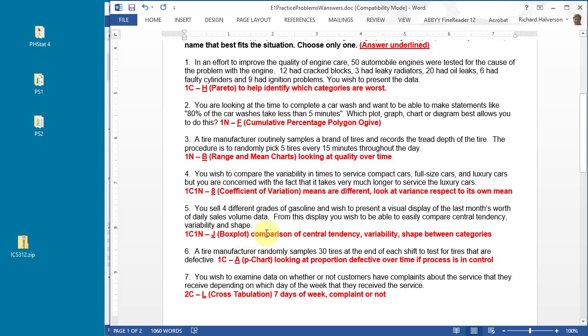It really sounds like a box plot would be best for this, because if you recall, for a box plot, you get to see the median, you get to see the interquartile ranges, you get to see the range, and where those quartile lines are. We also can get an idea of skewness, and a couple of different ways we can look at variability. So the answer is J. So we would create a single graph with these 4 different box plots on the same page, and we could see the differences between each other.